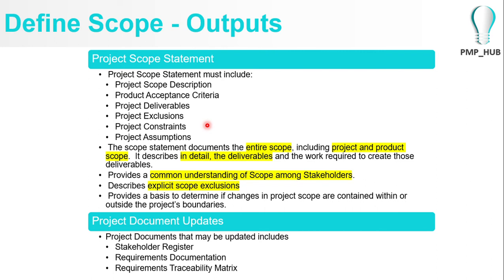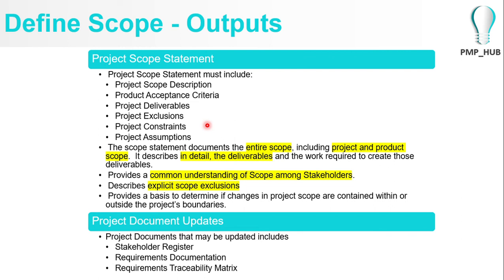Then the constraints, the bounds: there can be technical constraints or functional constraints that certain things cannot be done within the ERP system that is going to get implemented, especially if it is an off-the-shelf product. So any project constraints or product constraints will get defined.